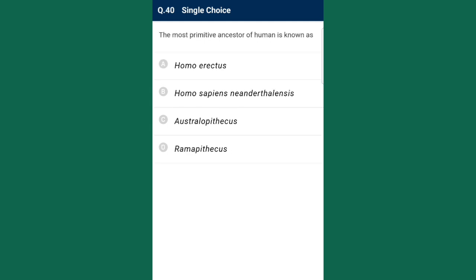Question number 40. The most primitive ancestor of human is known as. The most primitive ancestor of human is Ramapithecus. Dryopithecus and Ramapithecus, about 50 million years ago, were hairy primates that walked like gorillas and chimpanzees. Australopithecus, 2 million years ago, lived in East African grasslands.